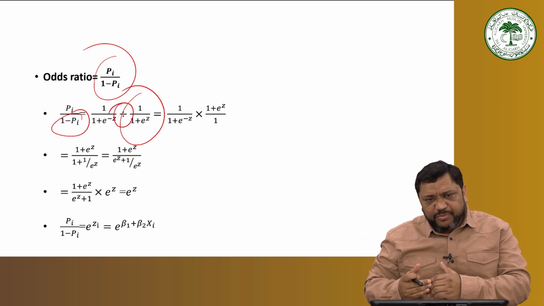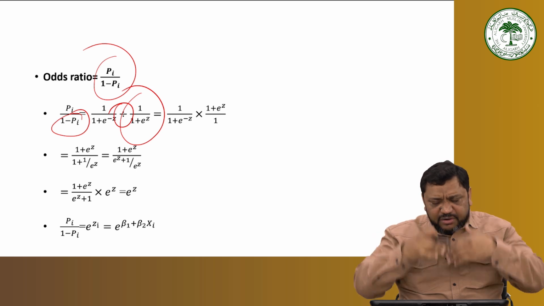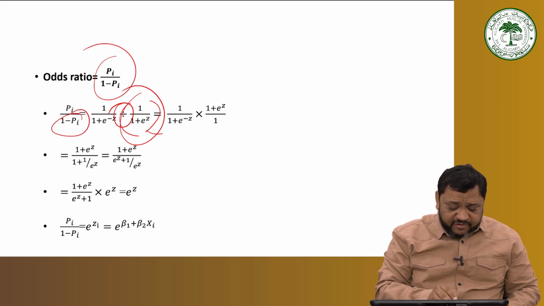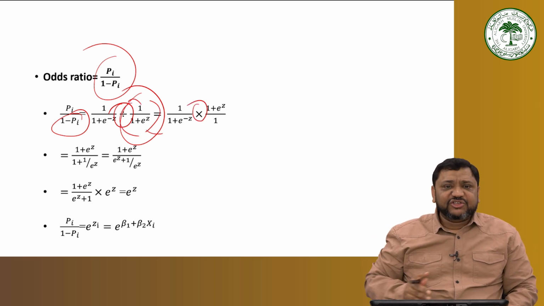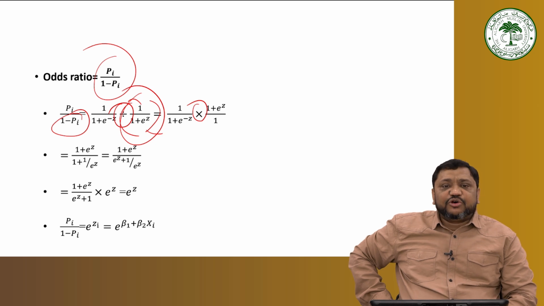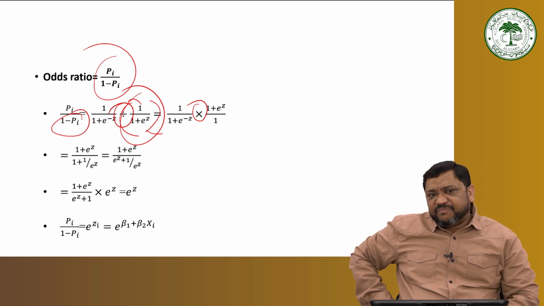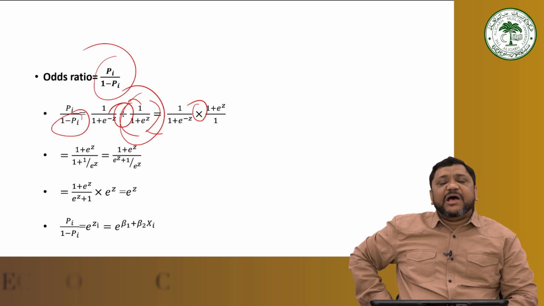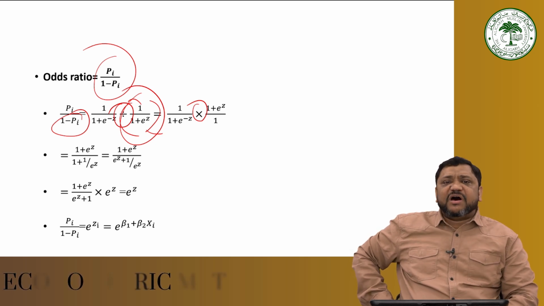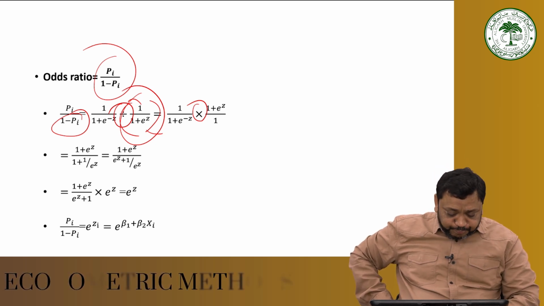The denominator becomes the numerator and the numerator becomes the denominator, and the sign changes to multiplication. So the final terms become 1 upon 1 plus e raised to the power minus z multiplied by 1 plus e raised to the power z divided by 1.